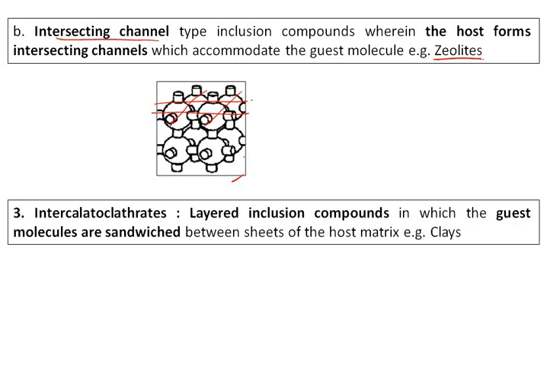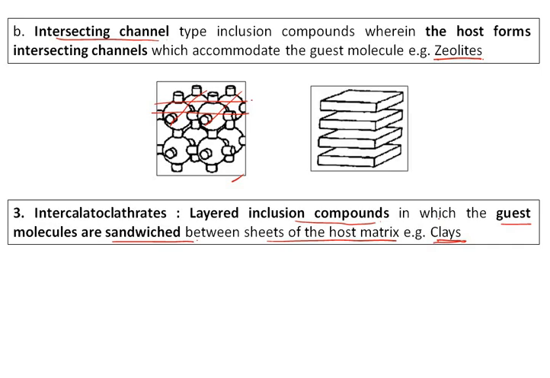And the third category is intercalato-clathrates, and such compounds are layered inclusion compounds, in which the guest molecules are sandwiched between sheets of the host matrix. An example is clay. You might not be very well aware of the chemical or structural features of clay, but I would like you to see this diagram here.